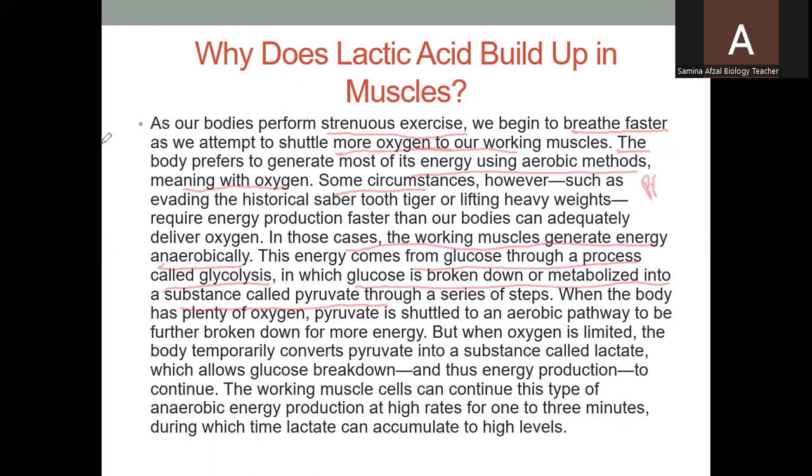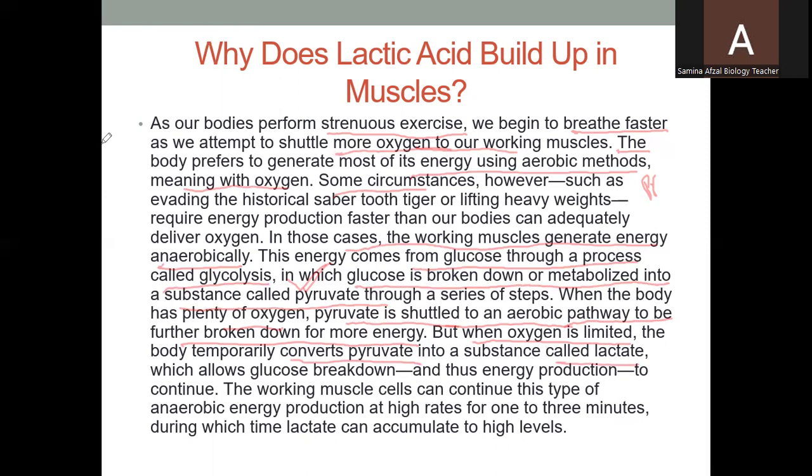So what happens at the end of glycolysis? The formation of pyruvate. When the body has plenty of oxygen, pyruvate is shuttled to an aerobic pathway to be further broken down for more energy. It happens normally, but when oxygen is limited, when there is a deficiency of oxygen, when we are breathing fast, the body temporarily converts pyruvate into a substance called lactate.